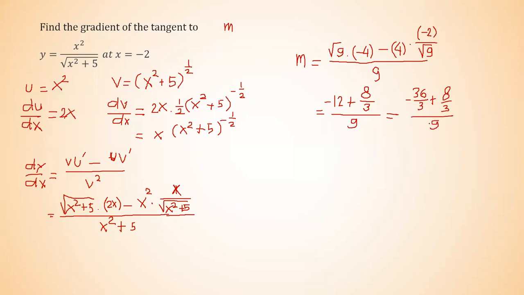So negative 36 plus 8 equals negative 28 thirds over 9, which is negative 28 thirds times one ninth. So m, the gradient, becomes negative 28 over 27. So this is the gradient of this function.